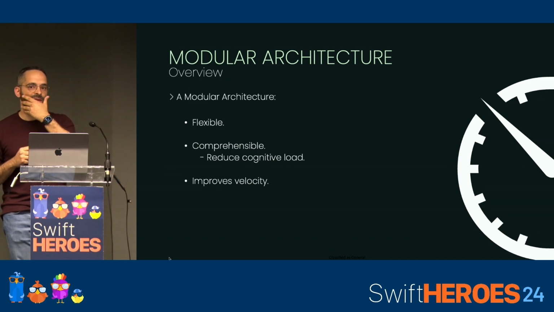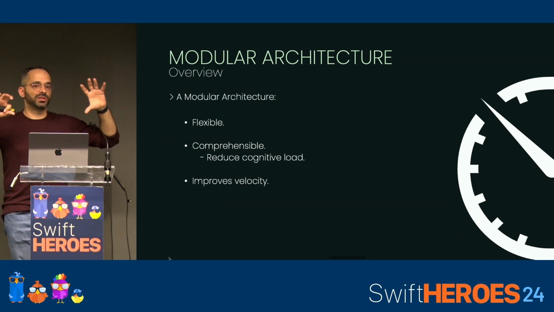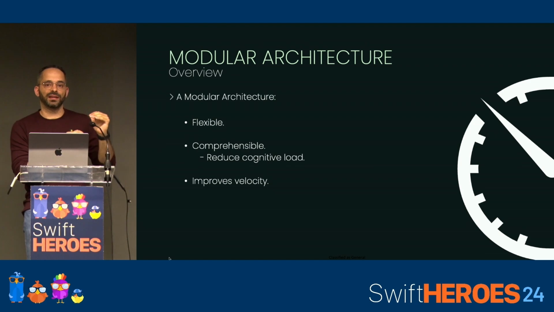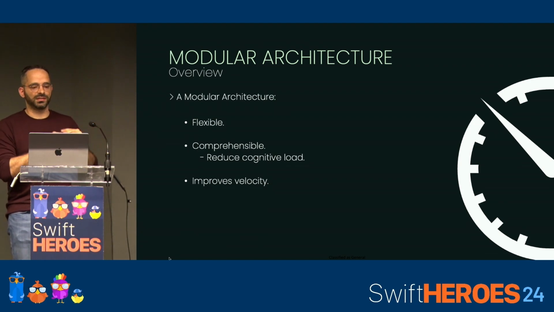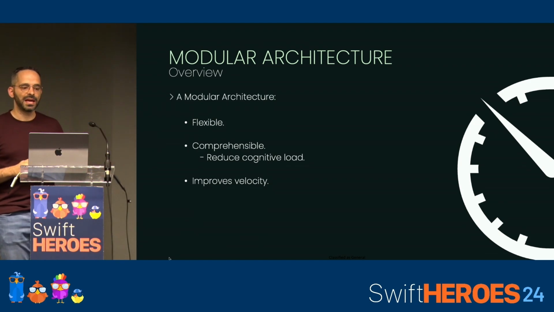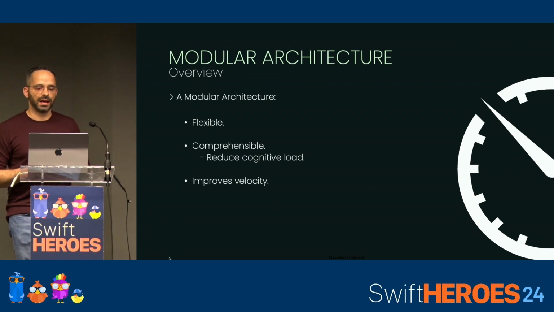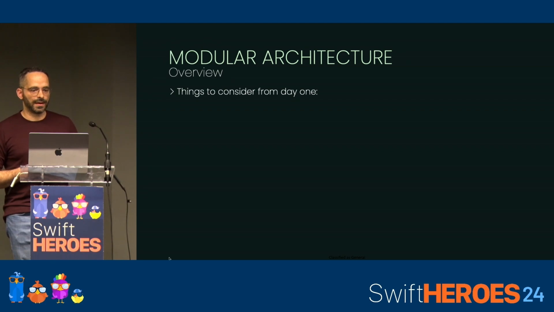Basically what this means is that we don't want developers to have to understand a lot of code to work on some small stuff. So if you make your architecture modular, I just have to understand this small part of the project instead of understanding everything. At the end of the day, for us, it improved a lot of the velocity we had thanks to tools like SPM and others that I will mention later on.